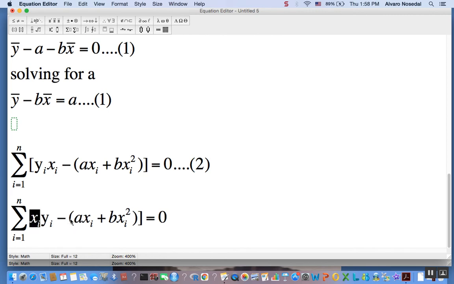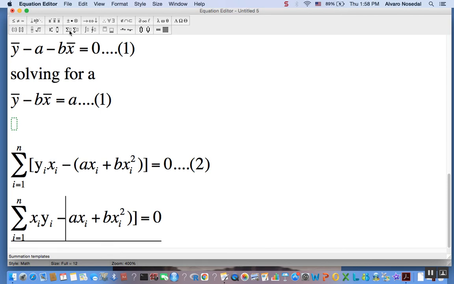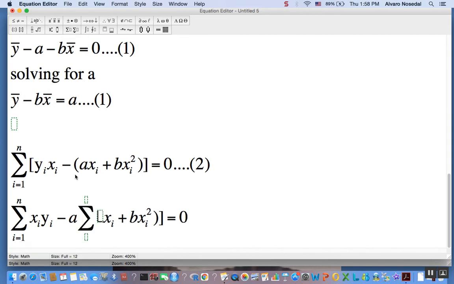We're going to have minus a times the summation of xi, then we're going to have b times the summation of xi, because it's minus, right?